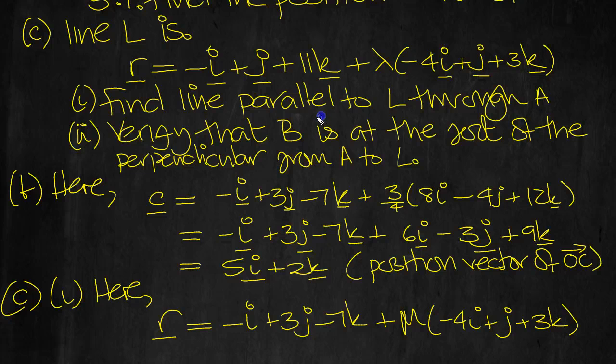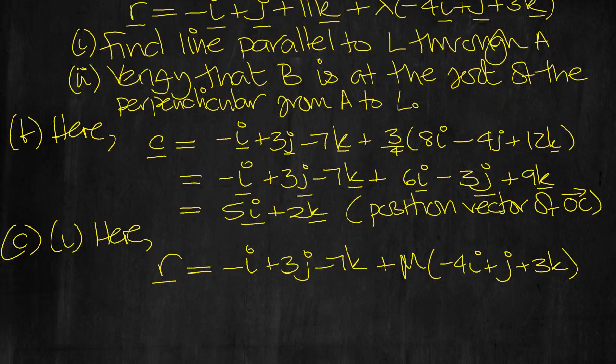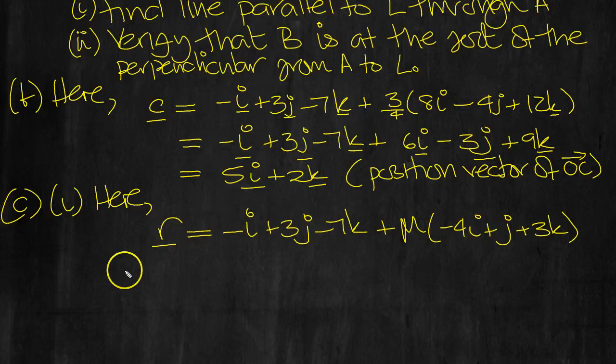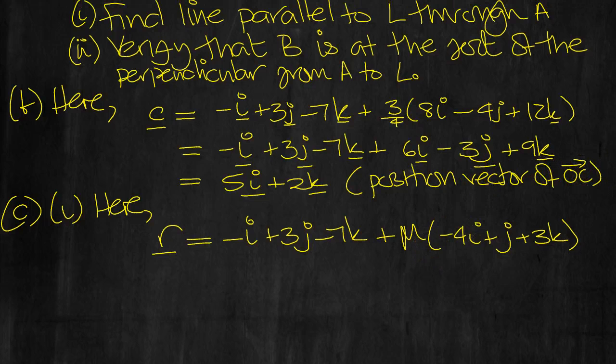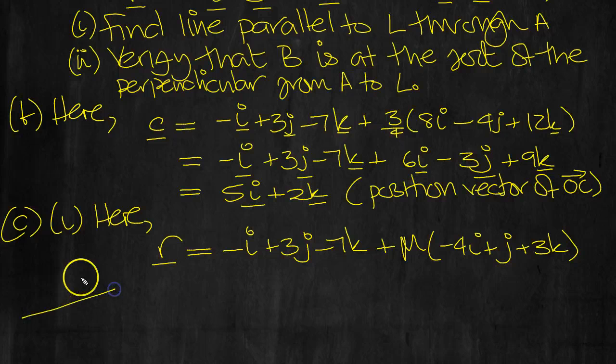Verify that B is at the foot of the perpendicular from A to L. So the line, let's draw the line L. There it is there, okay? There's A, then.